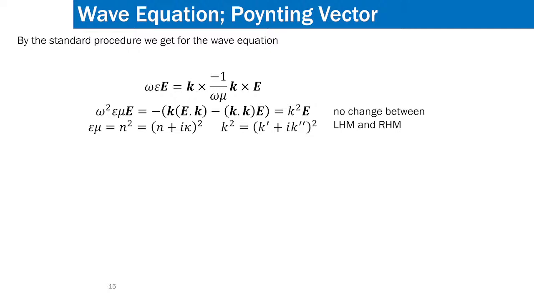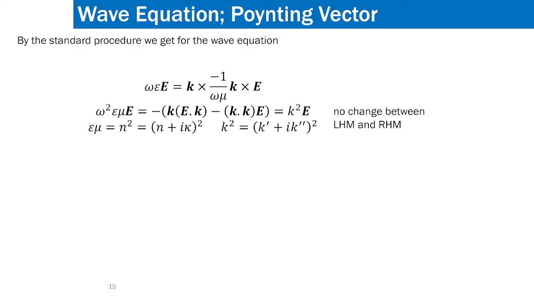n being the refractive index. So n can be written as n plus j kappa, kappa being its imaginary part. If the medium is lossy, then kappa is non-zero. Otherwise, if it is not lossy, then kappa is 0.